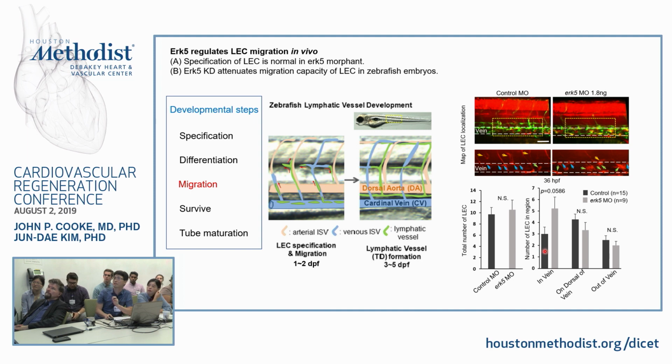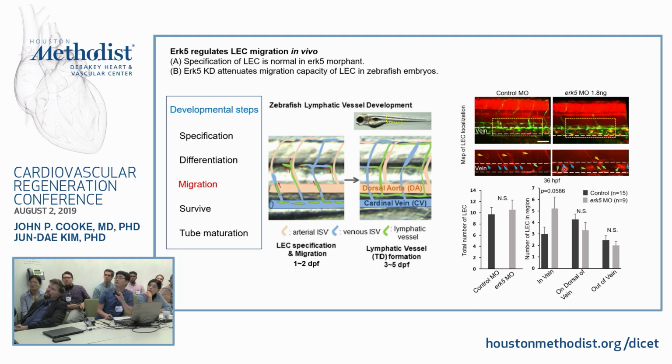However, in the control embryo, most lymphatic endothelial cells here are localized in the dorsal vein regions, with a few cells in the middle of the veins. This means they have already started to migrate out from the veins. These cells are just specified in the veins.